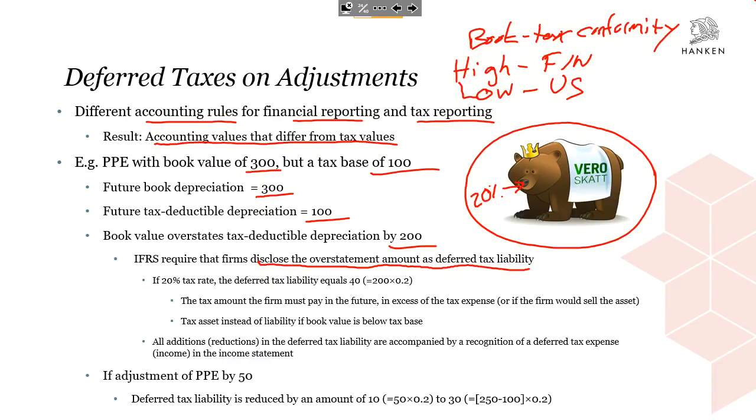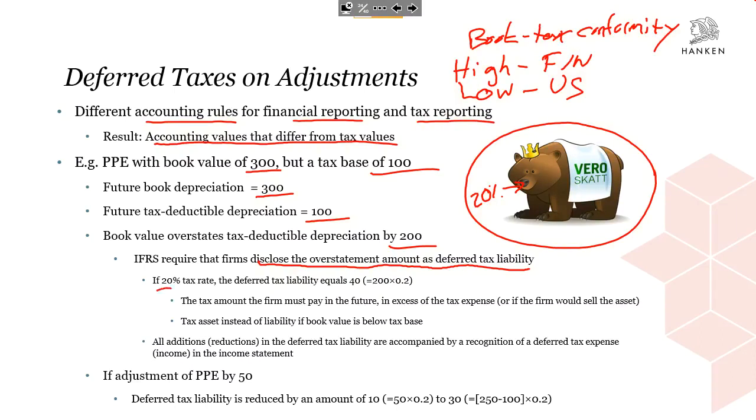If you're a loss-making firm, I won't take any money from you. So that's quite an interesting phenomenon. The tax bear is rewarding loss firms and taking money away from profitable firms. It could also be said that the tax bear is one of the biggest shareholders of all profitable firms in Finland. But that's a side note.